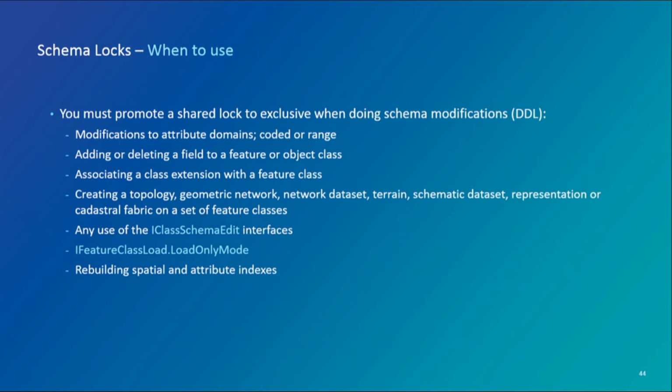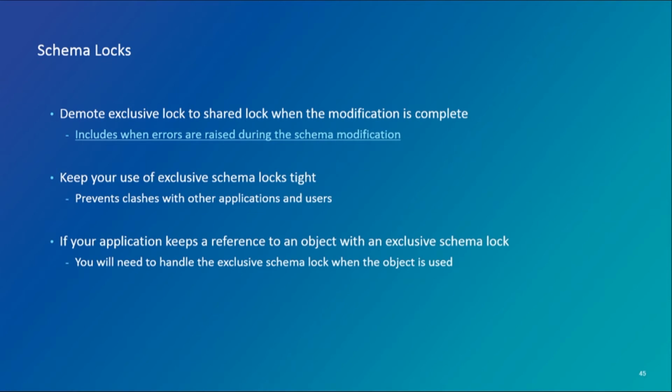So this is a good thing to check. One of the other ones I wanted to highlight there is feature class load only mode. This is a mode you can put your class into that disables some of the indexing, which allows loading to be even faster. It requires an exclusive schema lock because you're doing a modification to the schema. Cool. Last point here before I pass it over to Rich.